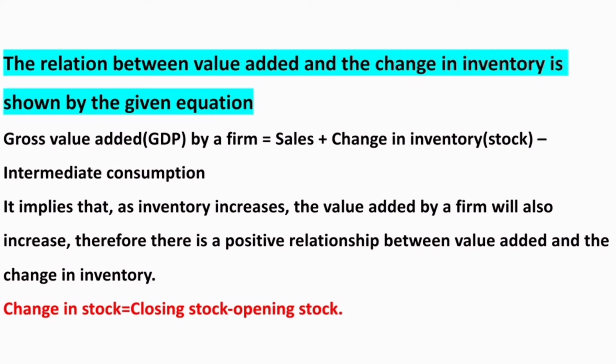Gross value added or GDP by a firm is equal to sales plus change in stock minus intermediate consumption. It implies that as inventory or stock increases, the value added by a firm will also increase. Thus, there is a positive relation between value added and the change in stock. Change in stock is equal to closing stock minus opening stock.